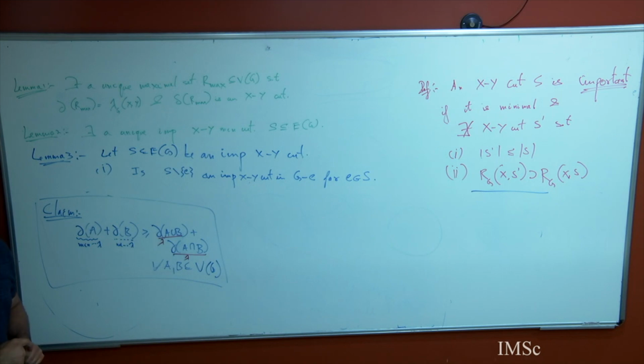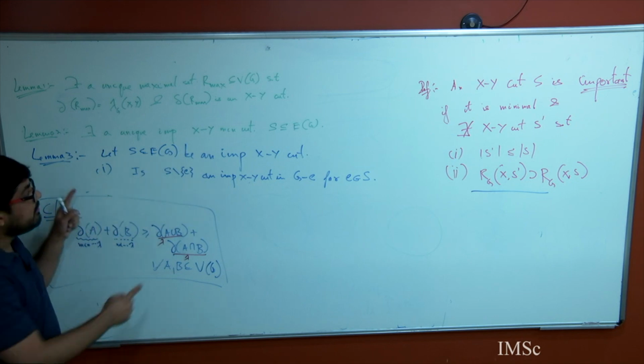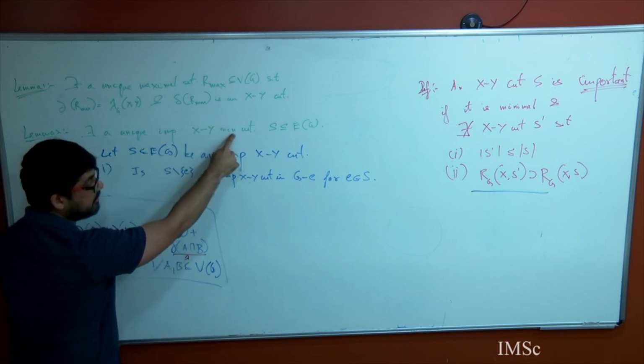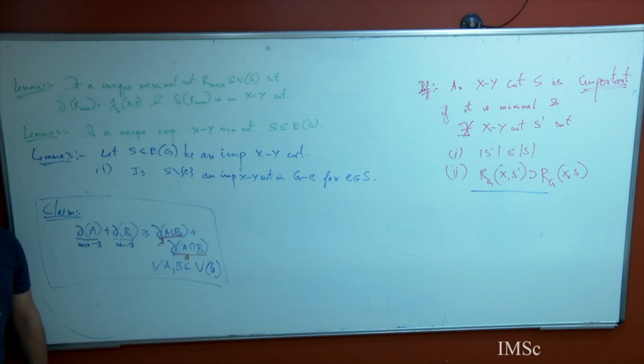Fine. Well, you can forget about unique maximality now because that applied only for minimum cuts. We are no longer talking about minimum cuts, so we need to be careful. But go on. That is fine.